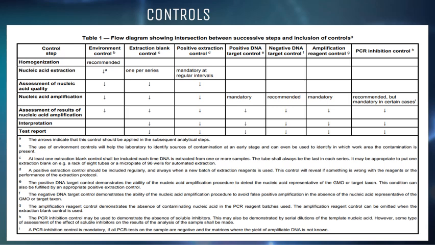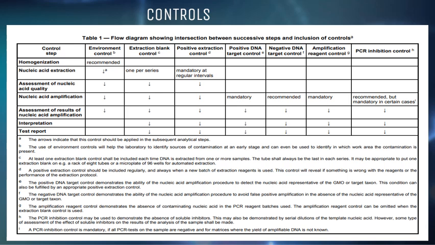Amplification reagent control is mandatory for all the steps from amplification, assessment of result of nucleic acid amplification, interpretation, and test report. PCR inhibition control is recommended but mandatory in certain cases for all the steps from amplification, assessment of result of nucleic acid amplification, interpretation, and test report.